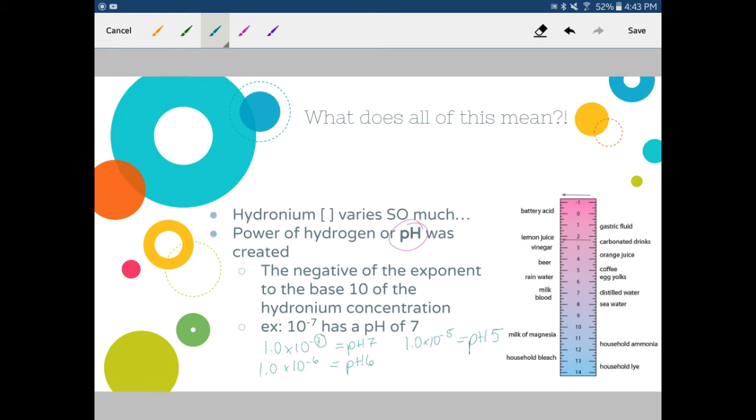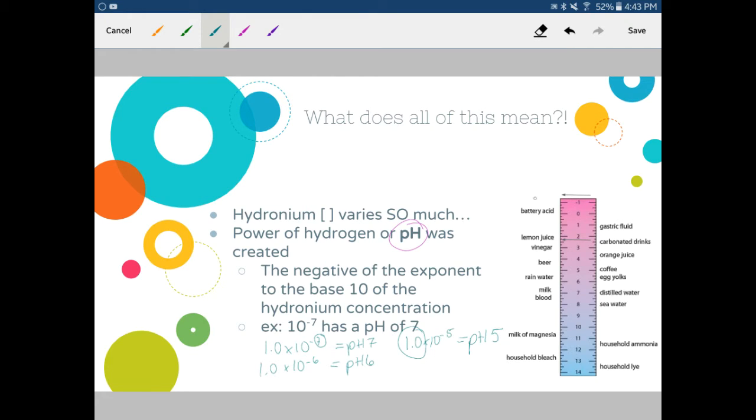However, this is only when I have 1.0 times 10 to the negative exponent. If I have any other digits other than 1.0 here, I do have to plug this into a formula or a calculator to solve for the pH, because it isn't always going to equal 5. It will only equal 5 if I have 1.0 times 10 to the exponent of negative 5. And we'll get into that.